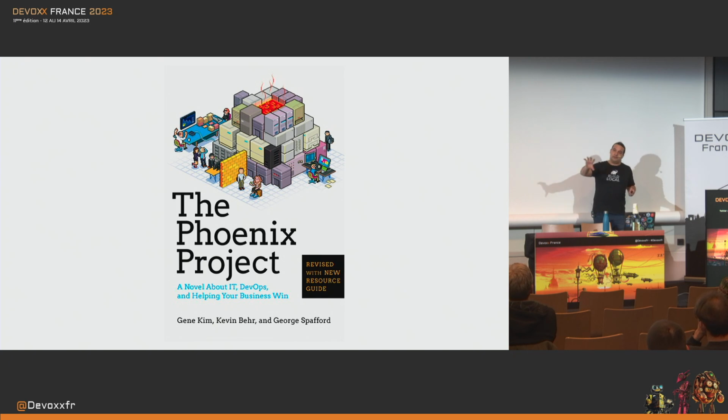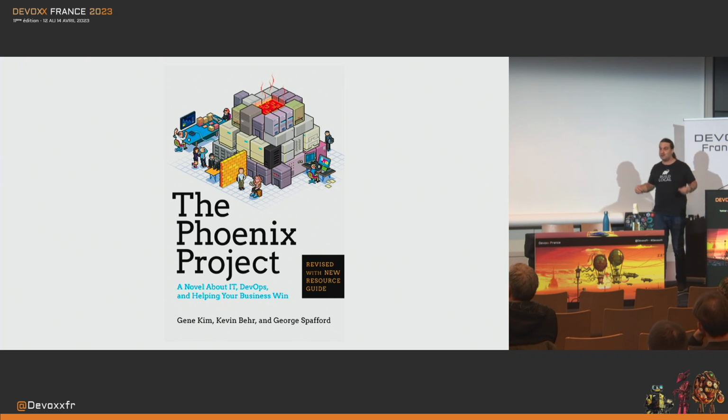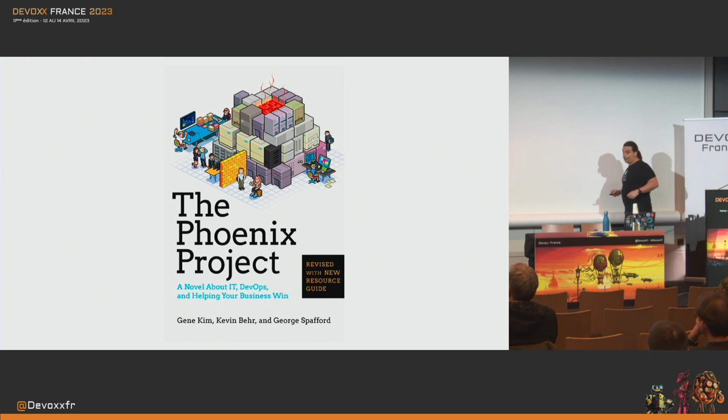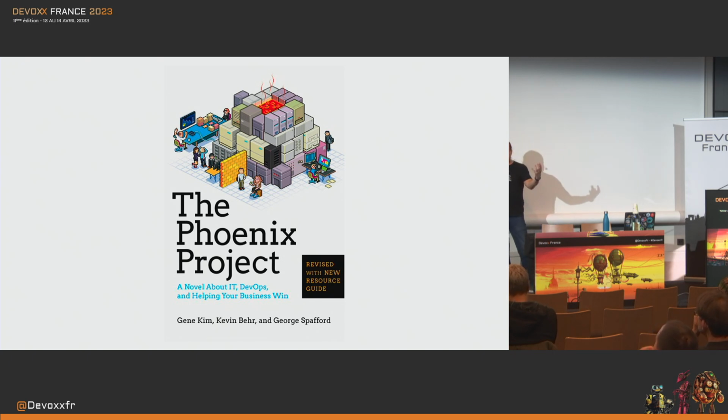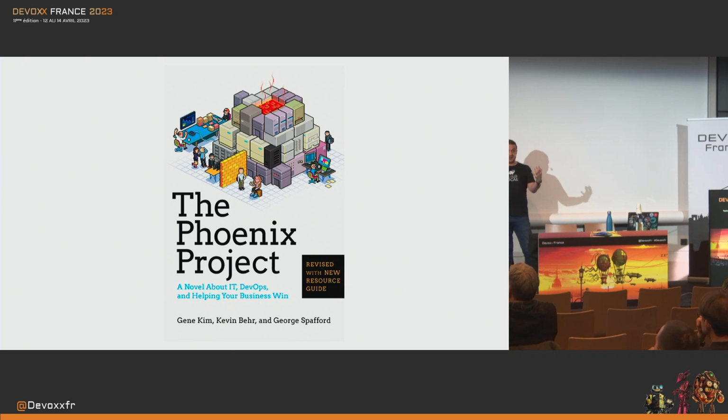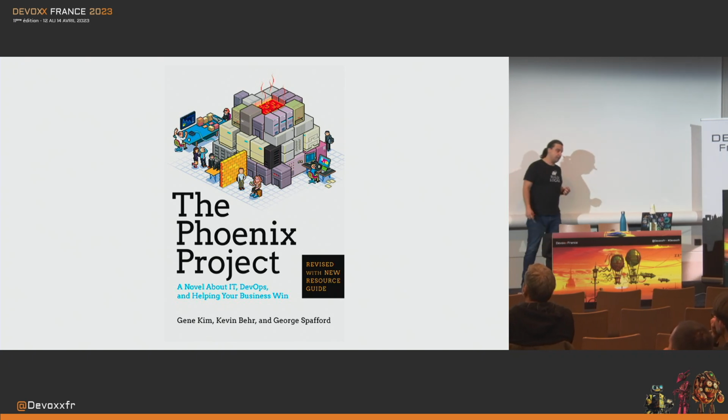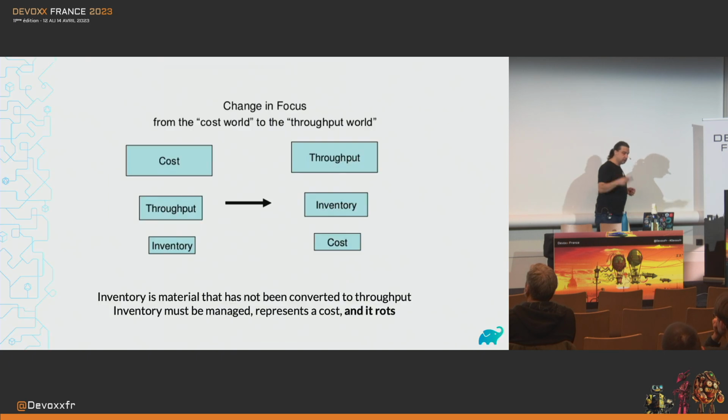They send somebody in from the board to teach the VP about the theory of constraints, and the whole book is about this VP applying theory of constraints to the business to help the business improve its competitive edge. So it's a fun read. It's like a page-turning drama. But you're learning about the theory of constraints. Same for this book, except it's about a software organization instead of a manufacturing organization. It teaches the relationship between the theory of constraints and modern DevOps, right? So both of these, highly recommend these books.